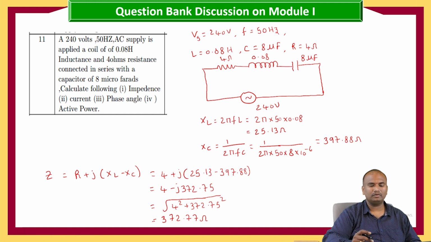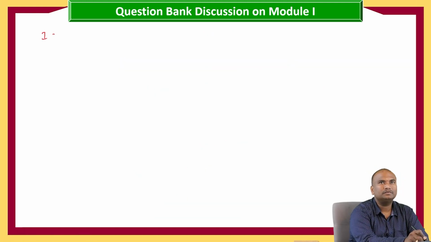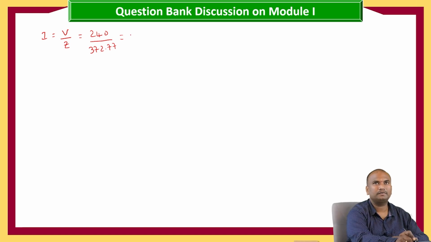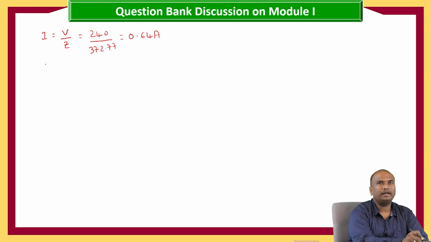Now here current is equal to V by Z, that is equal to 240 by 372.77, which is equal to 0.64 amperes. Now we got the current I, and the next one is phase angle we need to calculate.